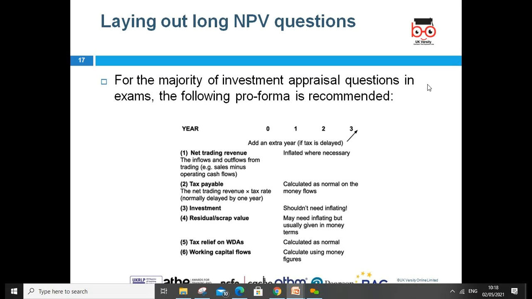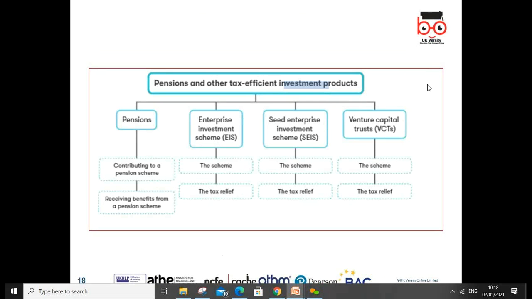Anybody any question? Laying out the NPV question for a majority of investments. Of course, you're not doing an exam, but we can look at the net trading revenue, taxable, the net trading revenue times the tax rate, investment, residual or scrap value, tax relief, and the working capital flows.